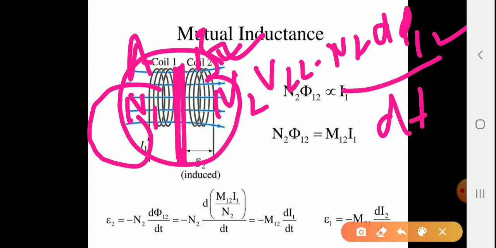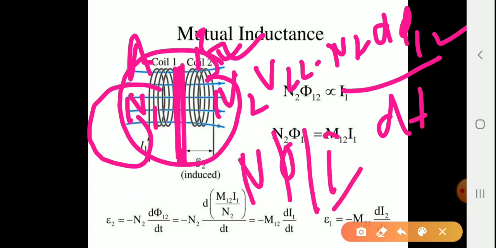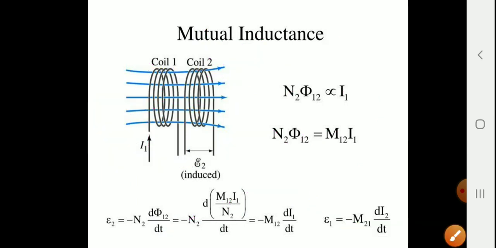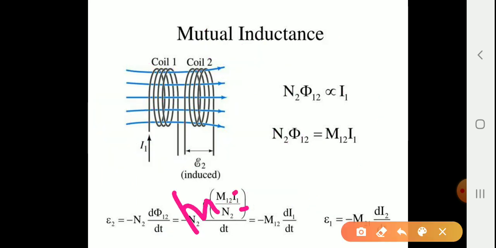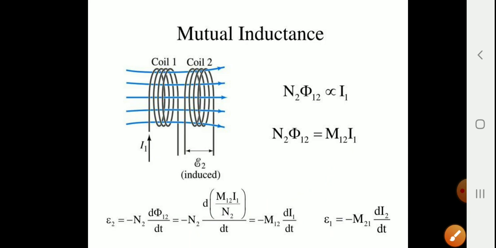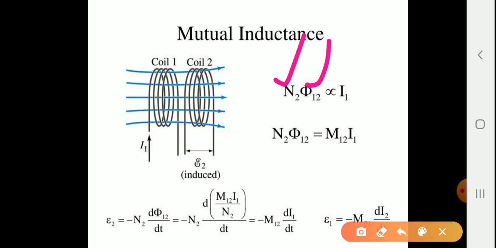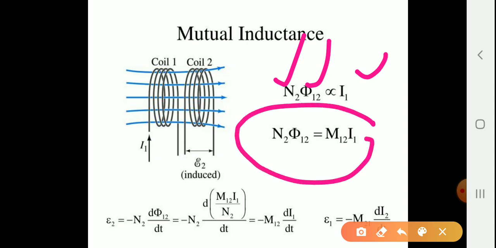Now the inductance is defined as the ratio of flux linkage to the current, N phi upon I. So we can write the mutual inductance M12 equal to N2 phi 12 upon I. So N2 phi 12 is proportional to I, and N2 phi 12 equal to M12 times I. So we solve these equations.